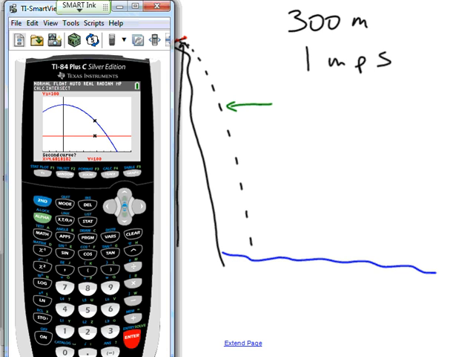It's asking, am I on the other one that you want to see intersecting? And you say enter. And then the guess, that means you move it over to right where you think they cross. And I think they cross right about there, so I hit enter, and it verifies I was only off a tiny bit. X equals 6.49, y equals 100, and I already knew the y equals 100 part, because I knew it was supposed to be a height of 100. My answer is at 6.49 seconds.